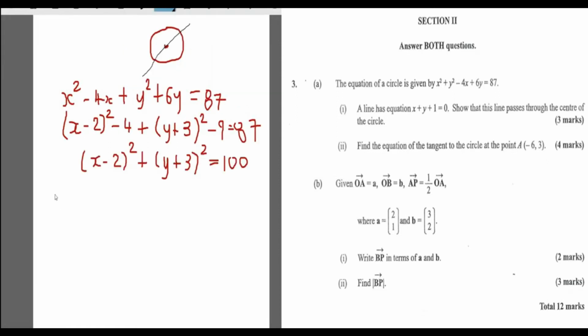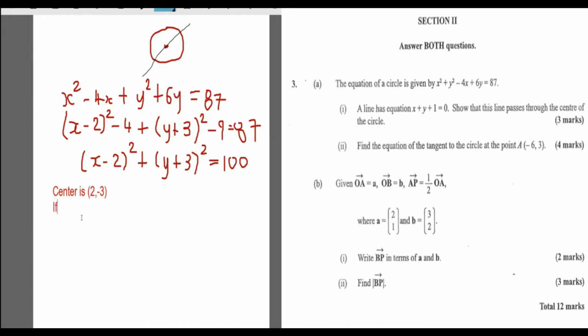So now we can tell that the center of the circle is (2, -3). That's the center of the circle. So now we can answer the question.